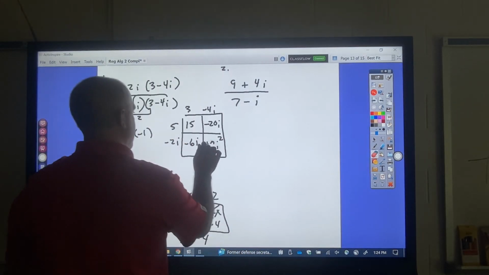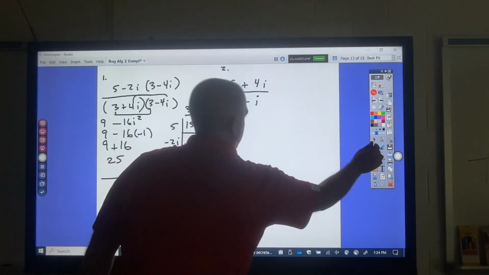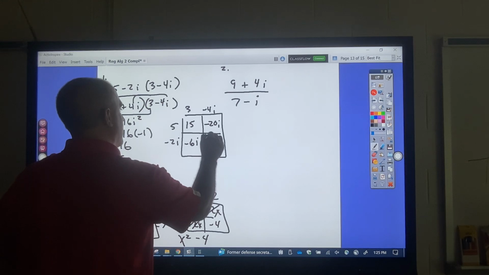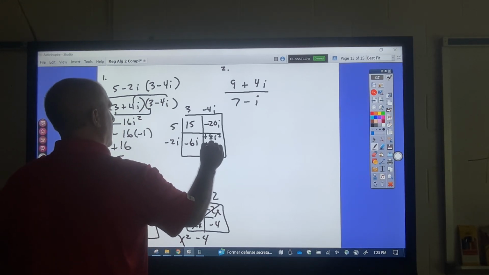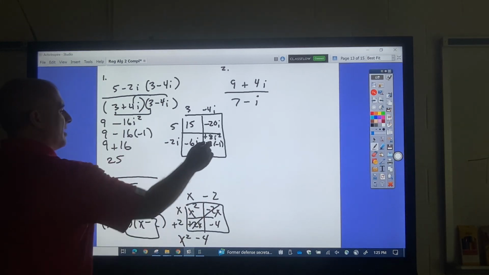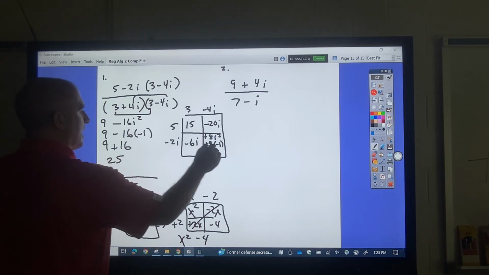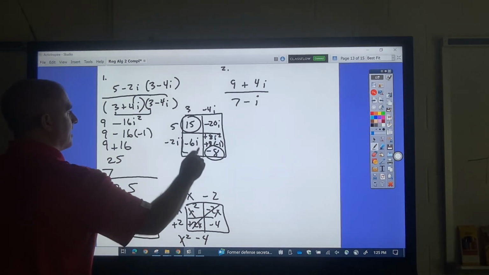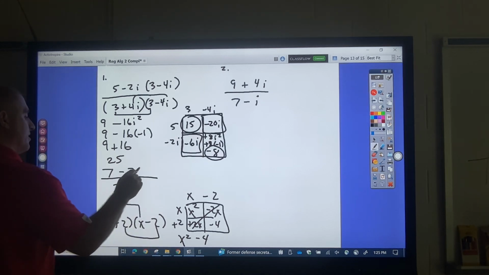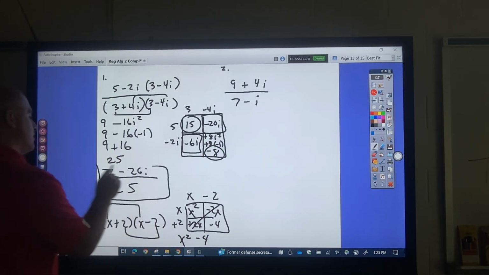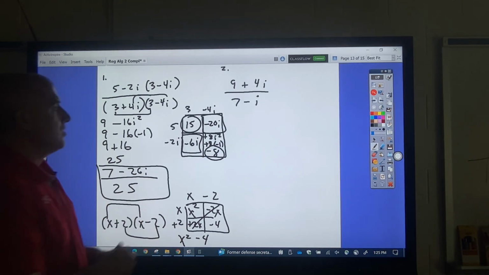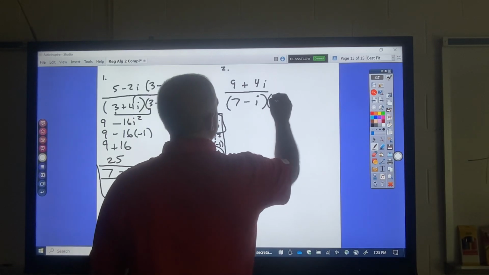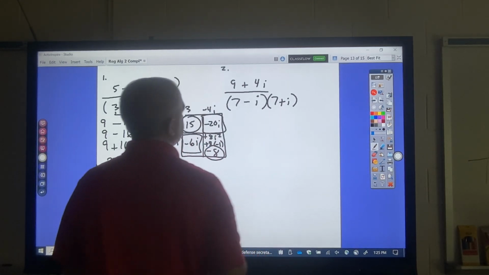That's positive 8i squared. Well, what is i squared? It's negative 1. So positive 8 times negative 1 is negative 8. So 15 minus 8 would be 7. Negative 20 minus 6 is negative 26. And you don't need to worry about reducing. That's good enough. Okay? So what I'd have to multiply by here is 7 plus i.